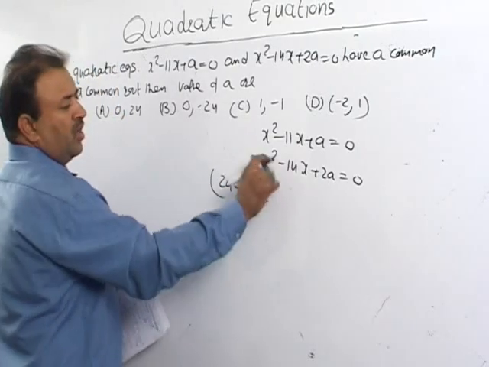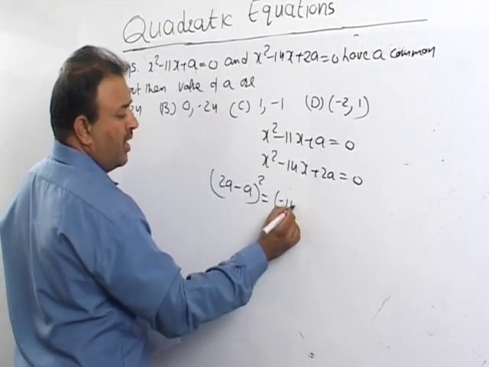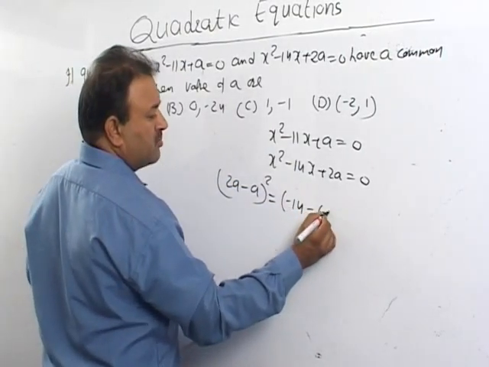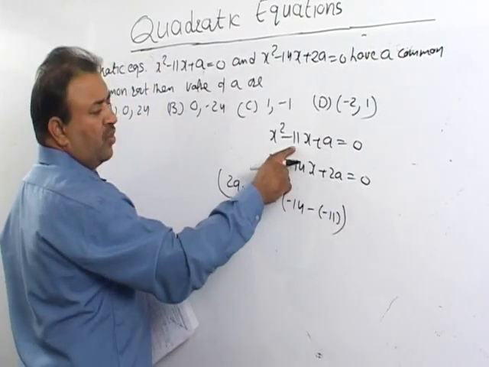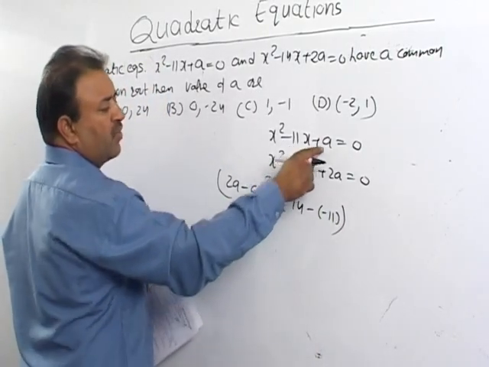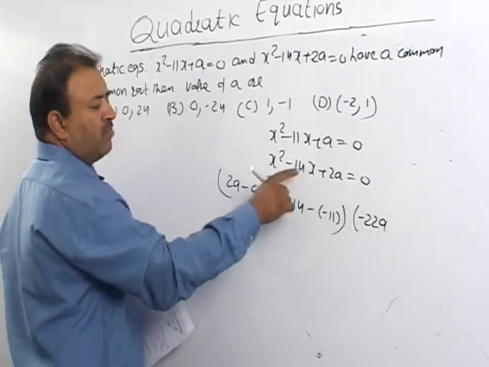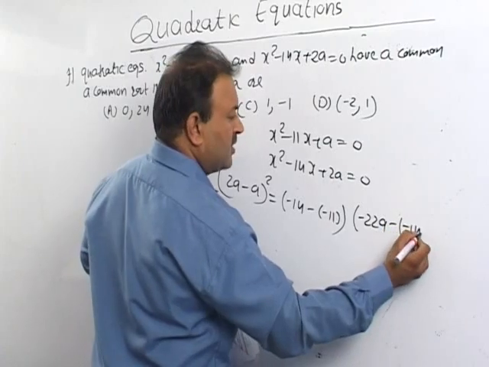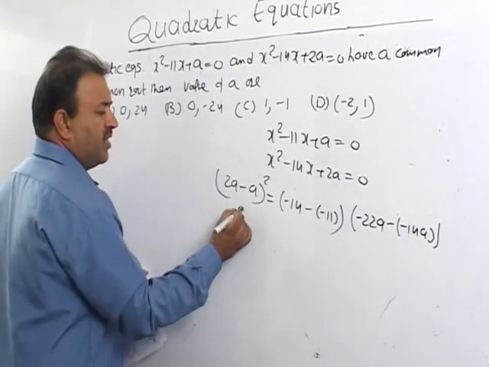This is equal to, multiplying this into this minus this into this: minus 14 minus 11, then minus 11 into 2a minus 14 into a, it is minus 22a plus 14a.